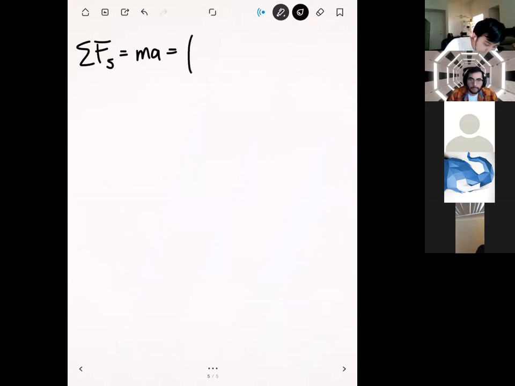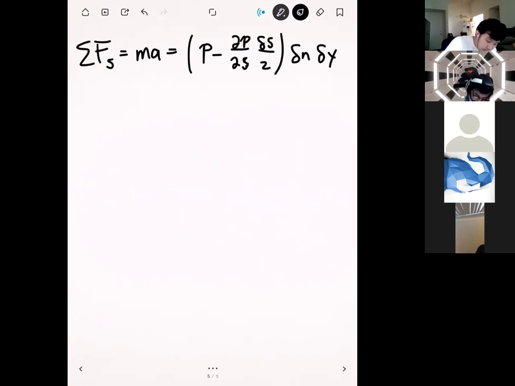So our pressure forces, let's do F press 1. So F press 1 is P minus del P del S times delta S divided by 2, multiplied by the area. And so that's pointing in the positive streamline direction, so this entire term is positive.